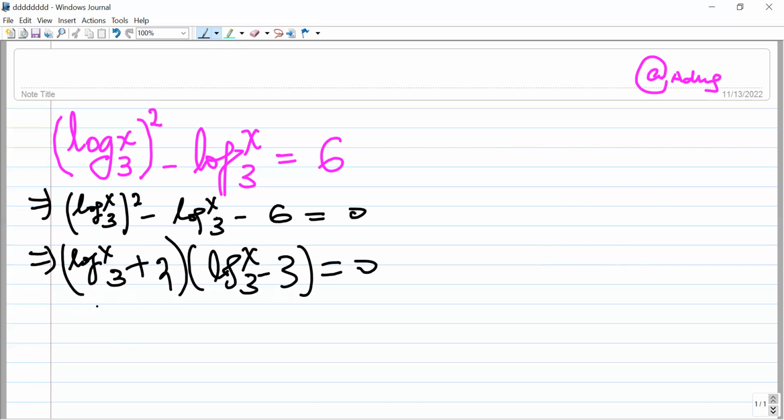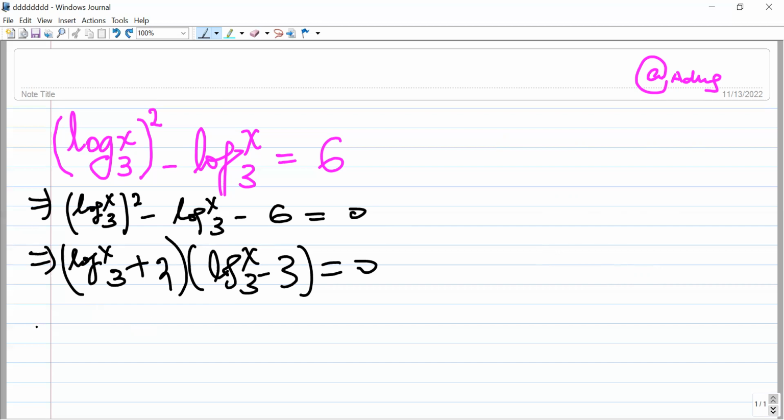If you multiply these two terms, you get the original result, that is, (log x to the base 3) squared minus log x to the base 3 minus 6 is equal to 0.